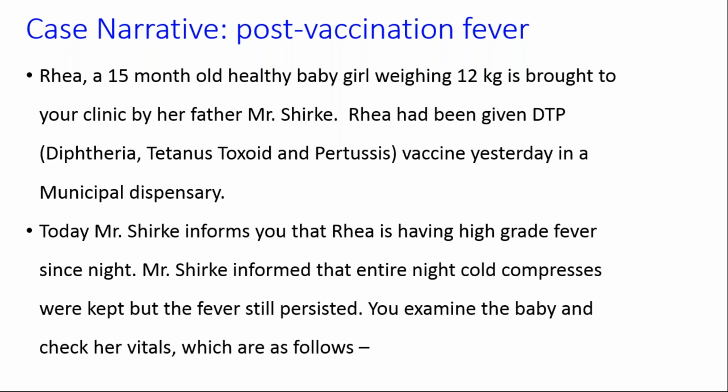Ria had been given DTP vaccine yesterday in a municipal dispensary. Now, when we first wrote it, we had initially written MMR. The clinician said that with MMR, fever doesn't occur; it is not a very strong fever-inducing agent. Then we went to DTP, and we had written it as DTaP, that is acellular pertussis.